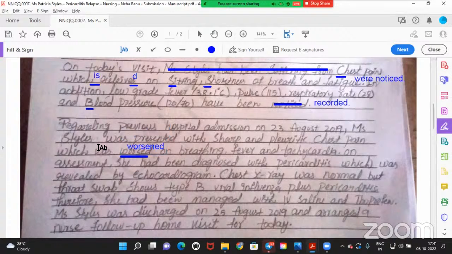So, regarding previous hospital admission on 23rd, why do you want to write this? Just say on 23 August 2019. That's enough. Capital letter. On 23 August 2019, Miss Stiles was presented with.